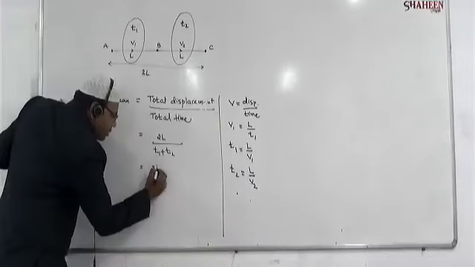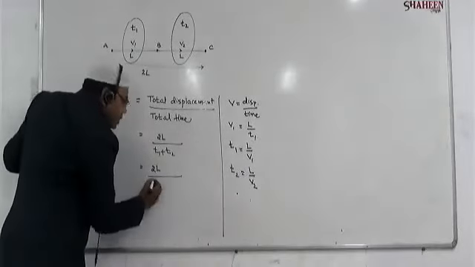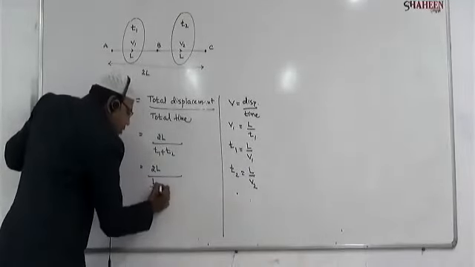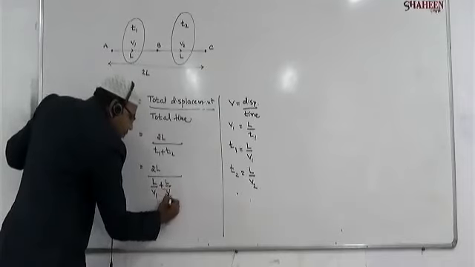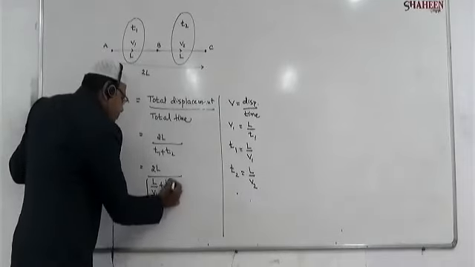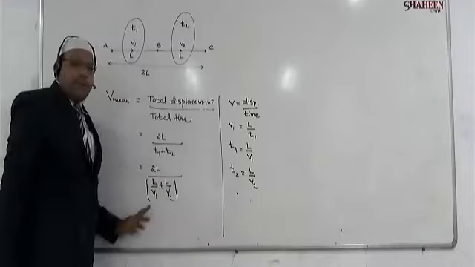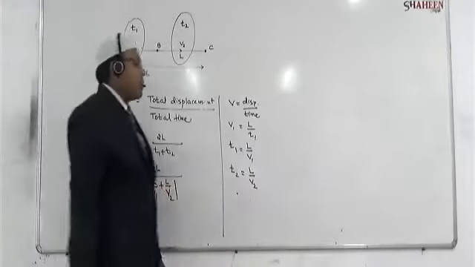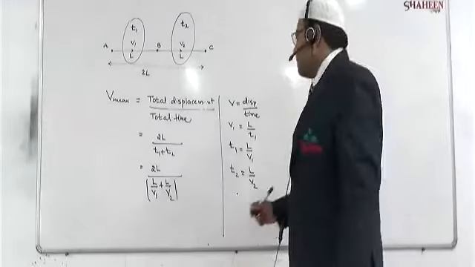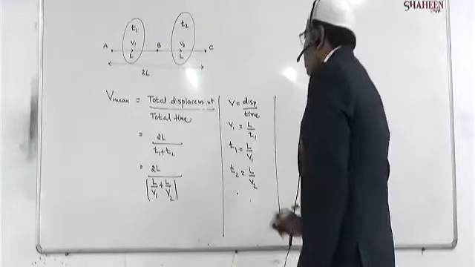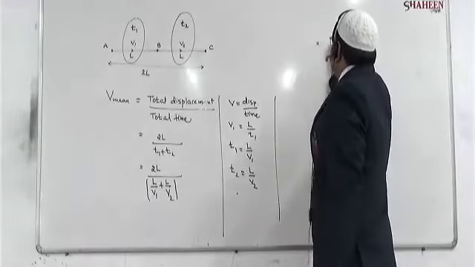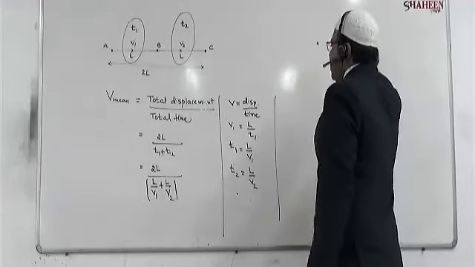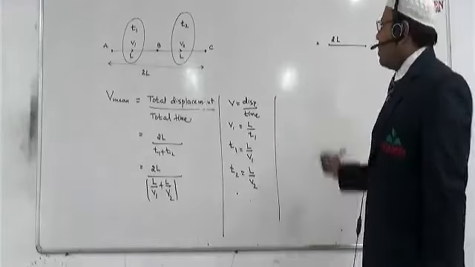This is 2L by, what is this T1? T1 is L by V1. T2 is L by V2. So 2L by L by V1 plus L by V2 we have written. Okay, let's go. Here, this is 2L by, and L I am taking common from both of these.